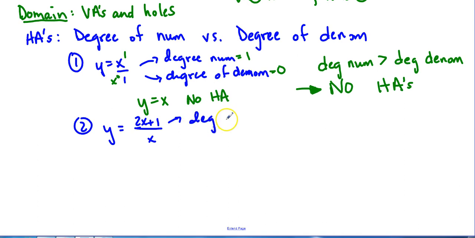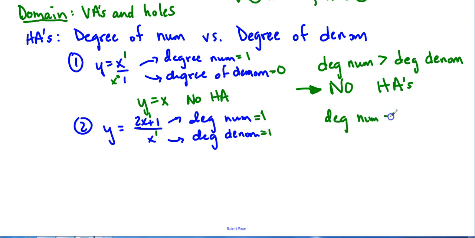The degree of the numerator in this particular case, we're looking at this exponent right here. That's technically x to the first, so that's equal to 1. The degree of the denominator is also equal to 1 because we have x to the first. So in this case, the degree of the numerator is equal to the degree of the denominator.